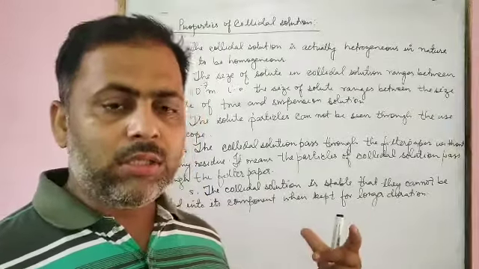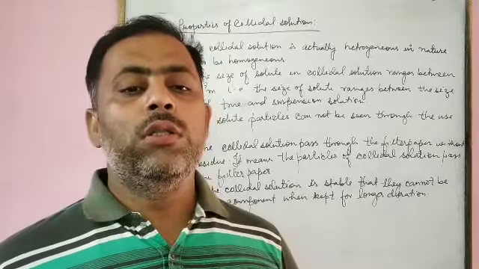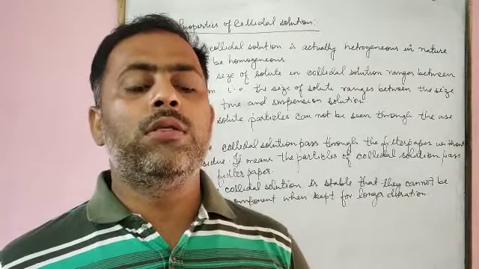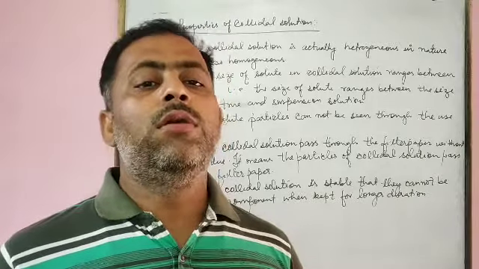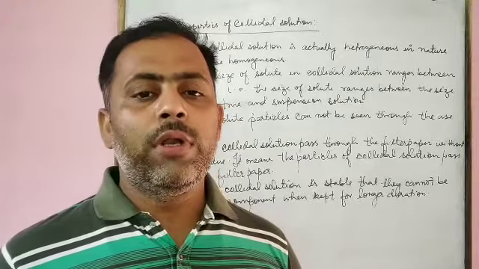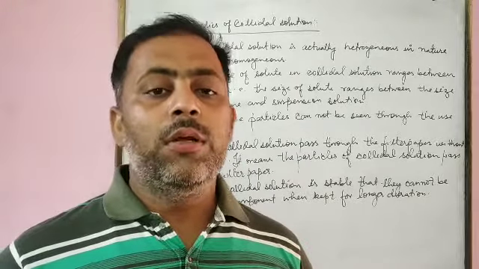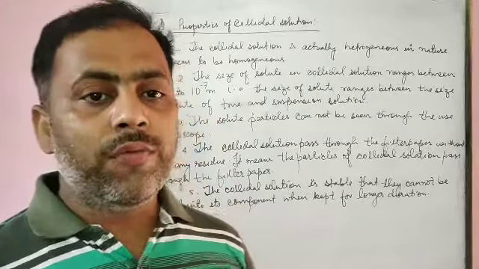But in case of colloidal solution, the solute is somewhat bigger to scatter the light falling on it. That's why they illuminate the path of the light. It means they will scatter the light. It means they will show the Tyndall effect.